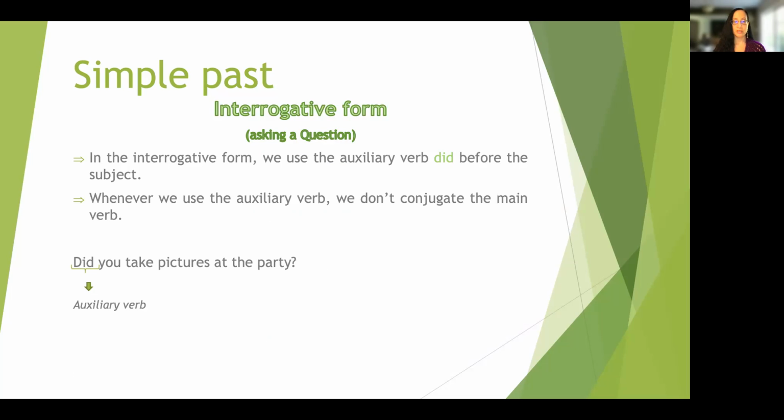Now, you notice here the auxiliary verb. What is the auxiliary verb again? It's that helping verb. Okay, so it's helping the base form of the main verb take, to take. Did you take pictures at the party? This is asking your question or the interrogative form.